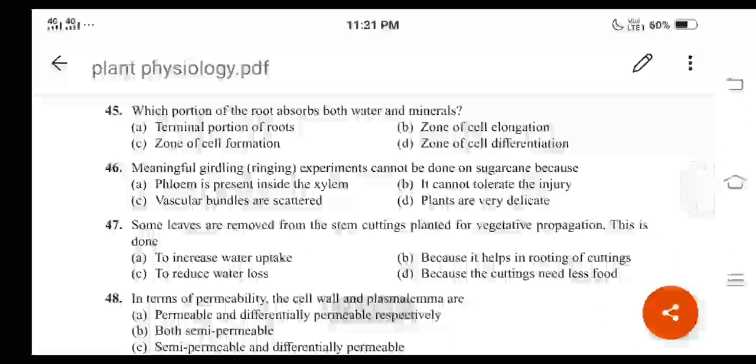Because of this reason it is not possible to conduct a girdling experiment in the case of the sugarcane plant. The reason is that vascular bundles are scattered, which makes it difficult to remove only the phloem tissue. So option C is the correct answer.